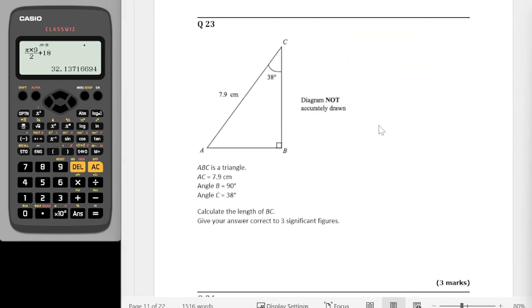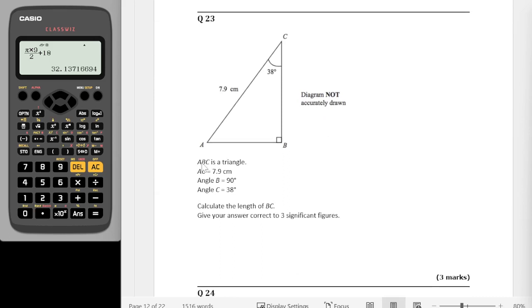And question 23. So ABC is a triangle, and we've been given some lengths, and an angle. We're looking at a right angle triangle. We want to work out the length of BC, so I'm going to call that X for now. So this right angle triangle is either going to be Pythagoras or trigonometry.